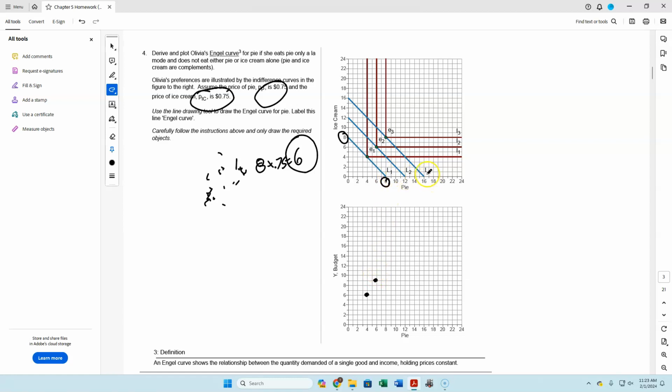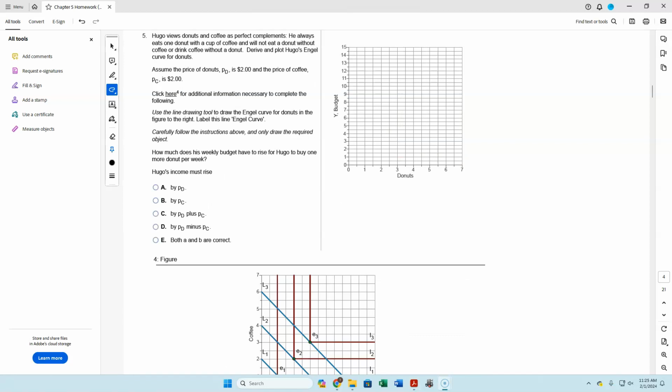And now at a budget of 16 times 0.75, which is 12. At a budget of 12, which again is now 16 times the price of 0.75. At a budget of 16, my optimal amount is 8. And so my income curve will go up like this. Okay, I'm going to pause here.